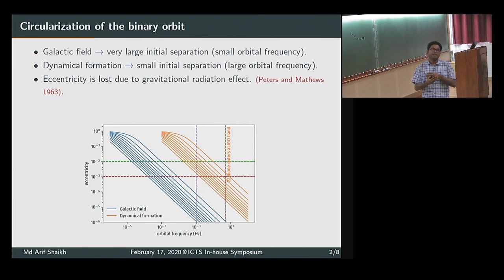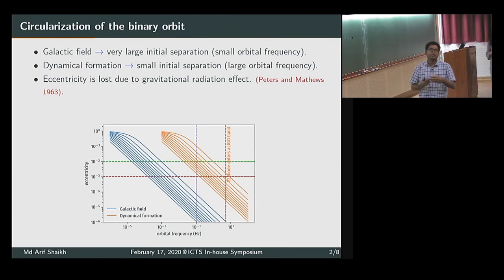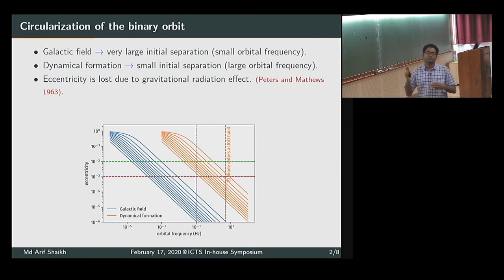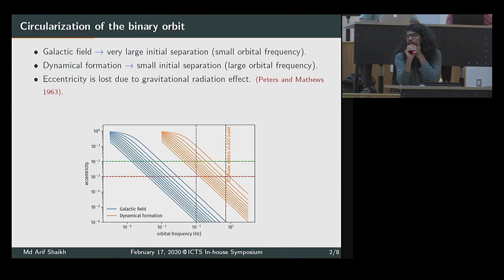So that compact binary will have a very small separation, and that's a large initial frequency. And somehow there's no intermediate. Yeah, there may be, but if you see the distribution, then the dense region will be here, and there will be a dense region there. There may be some overlap, but those will not be dense. Thanks.